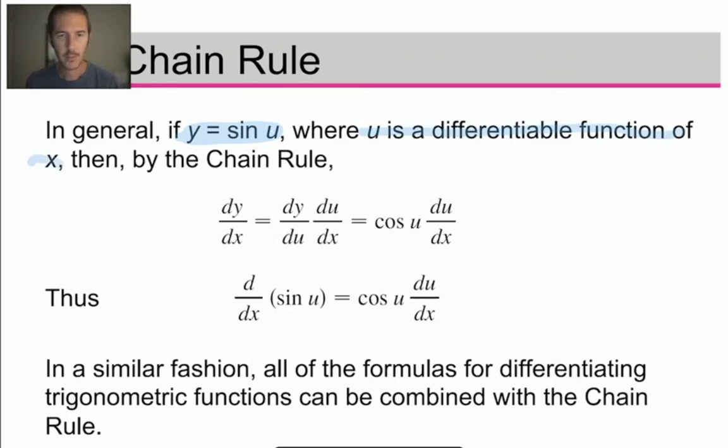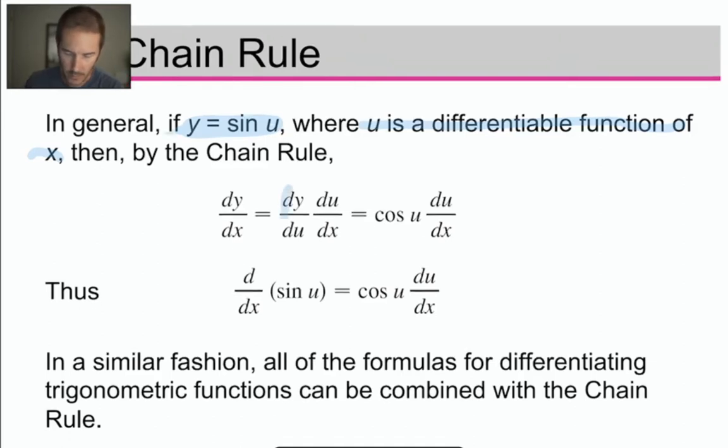And if that's the case, then we can still use either notation. Here Leibniz notation is being used. We're taking the derivative of the outer function, and the derivative of the sine function, we talked about it last section, is cosine. There it is.